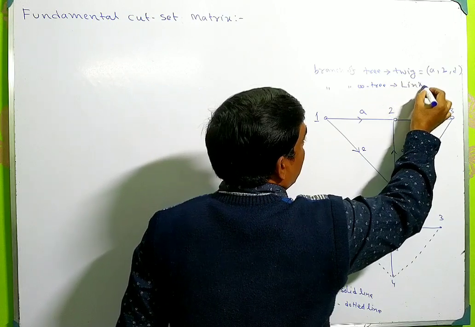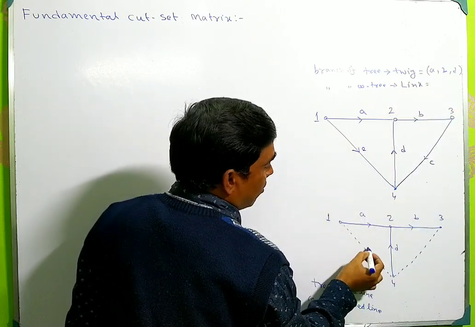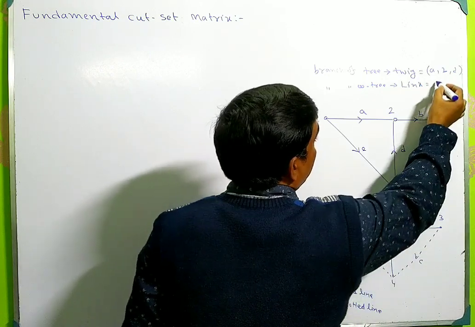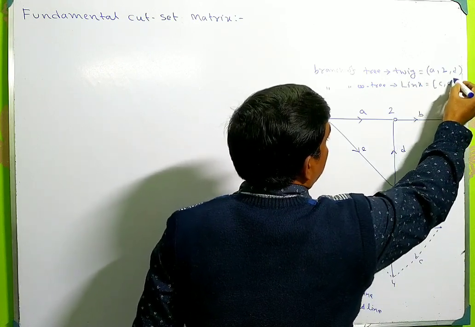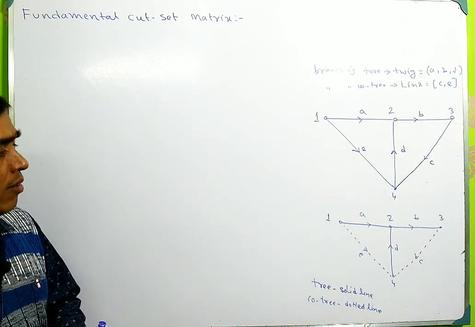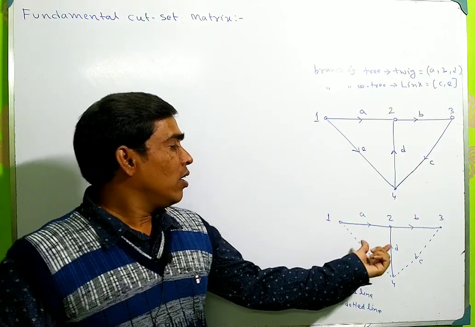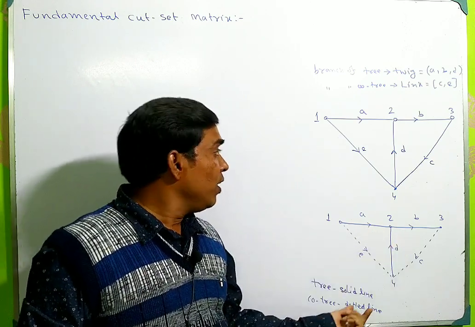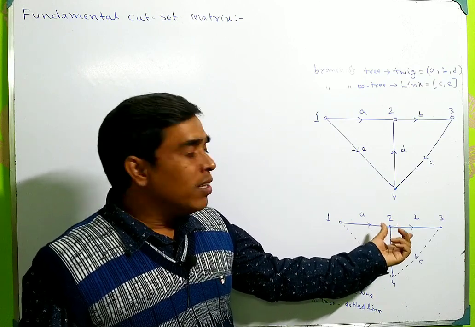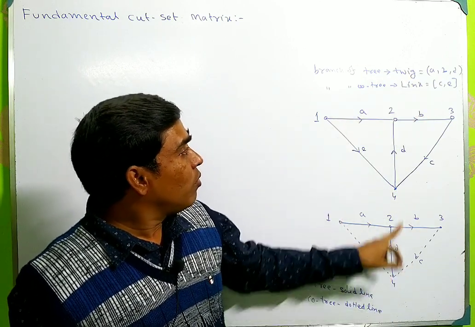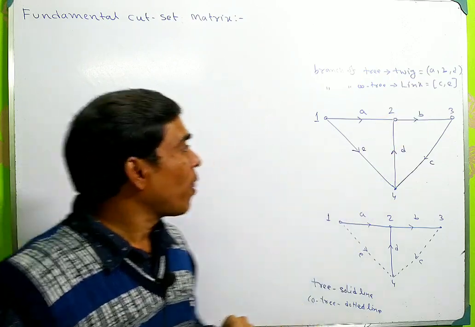So here the links are E and C. So this is one possible tree and its co-tree. The branch of the tree is called twig and the branch of the co-tree is called link.